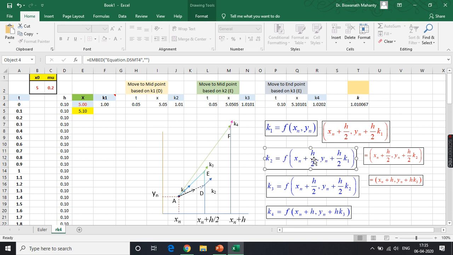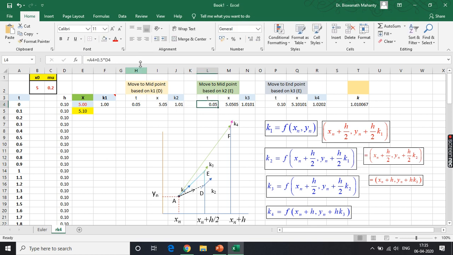Now once I know k2, I have to reach point E, which I am writing here as xn plus h by 2, because the x-axis coordinate is the same for D and E also. But here the height of point E is yn plus h by 2 into k2, because it is now based on the k2 slope.